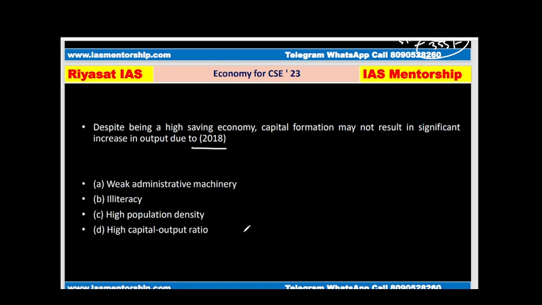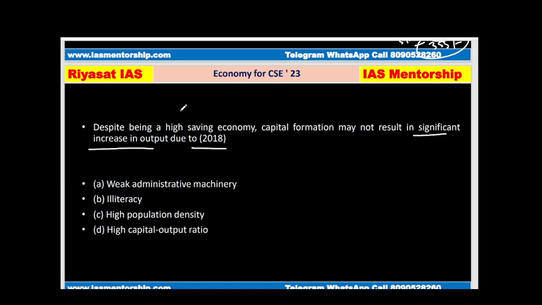Despite being a higher saving economy, capital formation may not result in a significant increase in output due to what? See, what is the question? That people are saving a lot, but still there is very little capital formation. Generally, what is the theory of economy? People save, and that saved money goes into investment. Investment creates assets, capital.